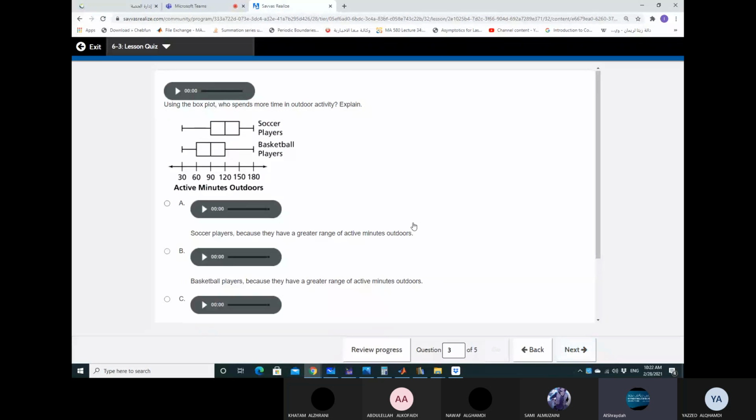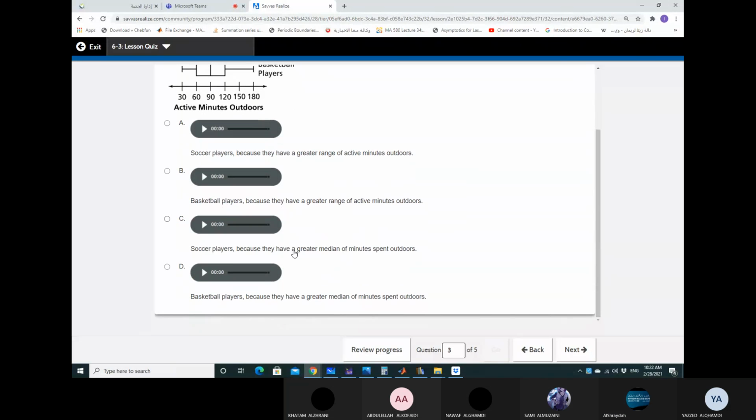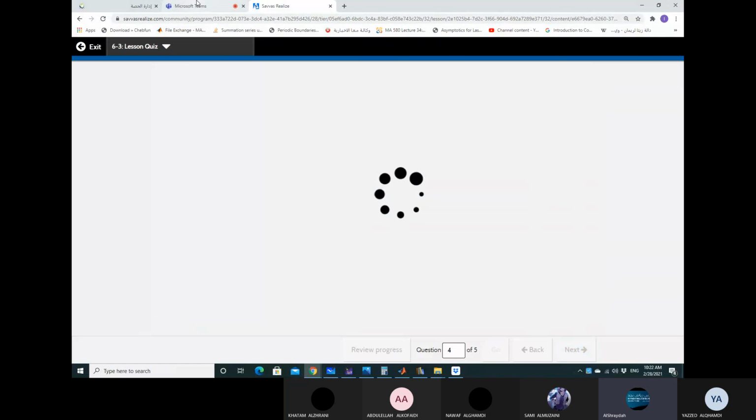So I think we have to make inferences. Let's check here. Use the box plot: who spends more time in outdoor activity? Here, if you take the median as a measure to compare between the two sets of players, we can say soccer players. Okay, so this is the third question.